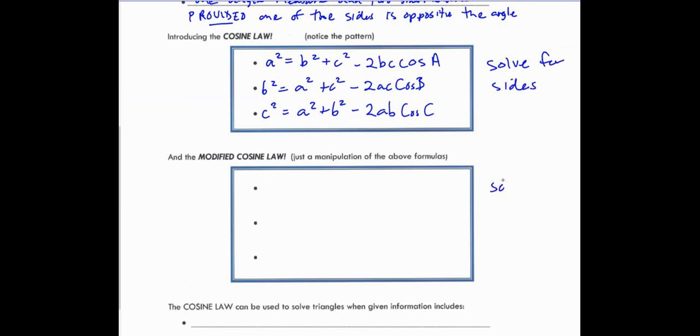Now we'll look at the modified versions to solve for angles. So let's say we were looking for angle A. Angle A would be b squared plus c squared minus a squared all over 2bc.